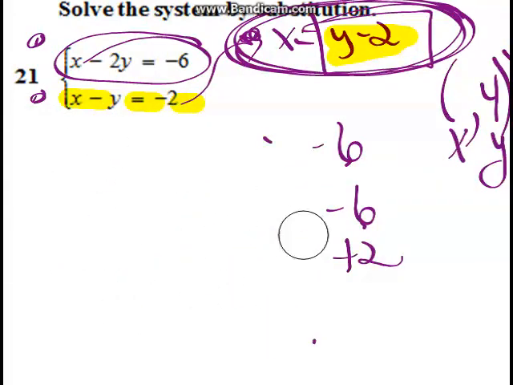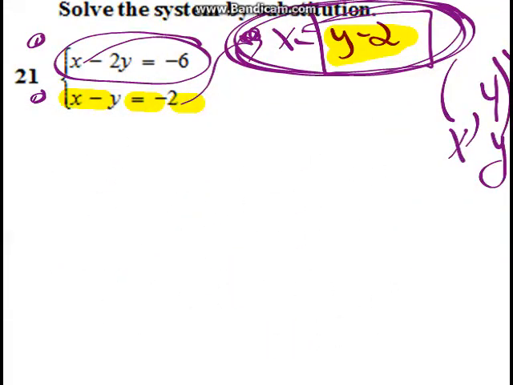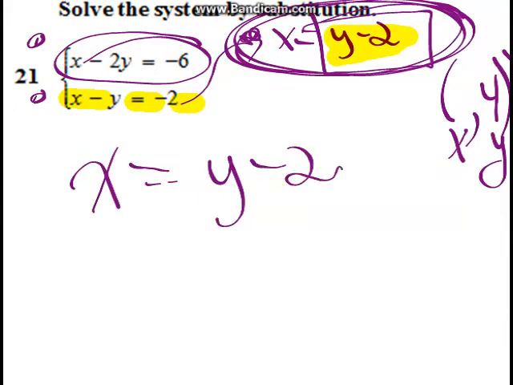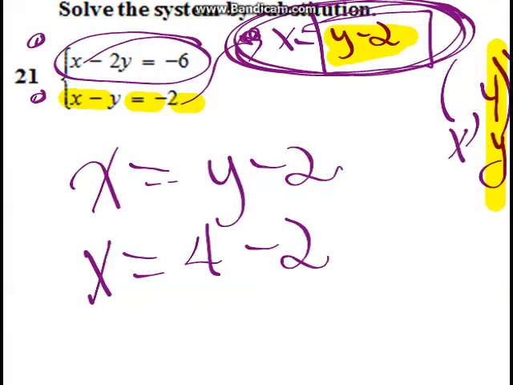So let's plug our y back into that equation and we'll get our x. So x equals y minus 2. And we said that y is equal to 4. So we're going to replace y with 4. And when we get that, we get x equals 2.